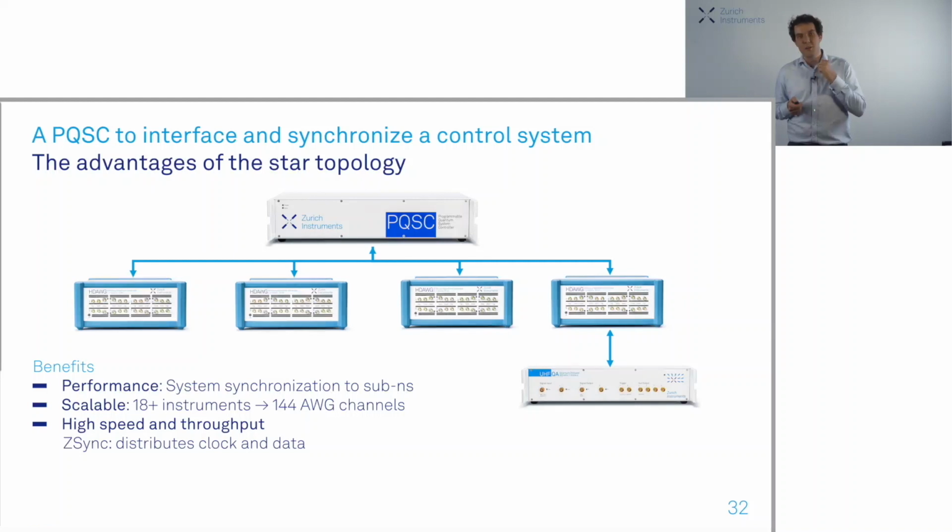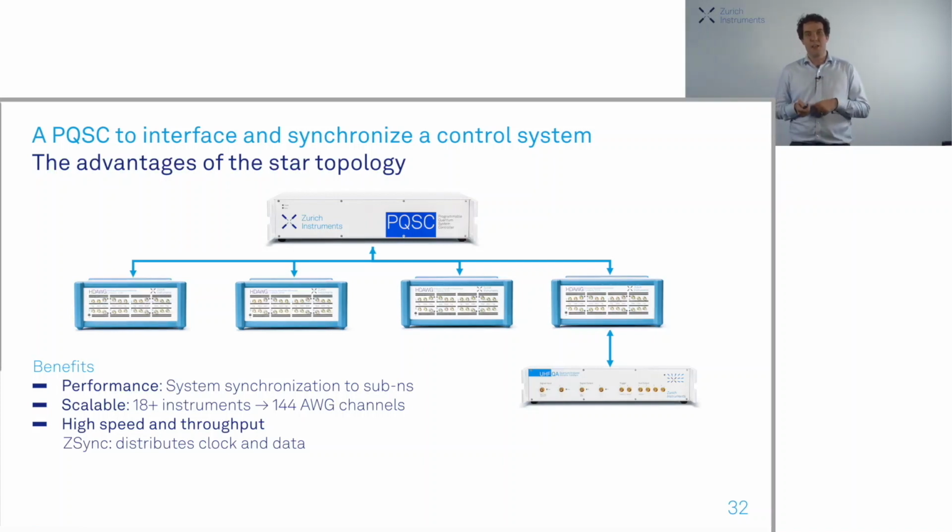Well, the star topology is scalable and high performant. For example, it allows to synchronize all instruments to sub-nanosecond precision. In our case, this means we can synchronize 18 instruments or 144 AWG channels to about 200 or 400 picoseconds resolution.